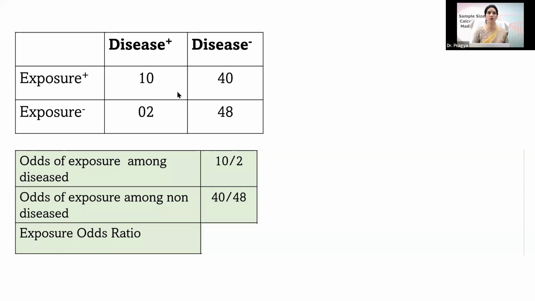So the odds of exposure, see, before I ask these questions, I will make it clear that the odds ratio is of 2 types. There is a disease odds ratio and there is an exposure odds ratio. Disease odds ratio is the odds of disease in the exposed individual, and exposure odds ratio is the odds of exposure in the diseased one.